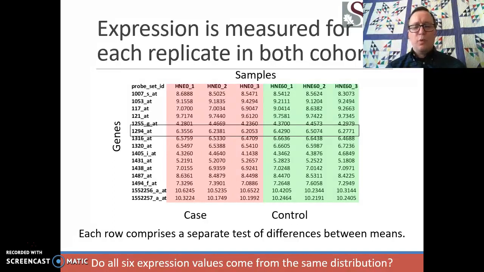In this case, I've called one set of columns the cases and the other set of columns the controls, but they're just labels at this point. Each different row is going to be a different test for difference. So in essence, we're going to ask, are the values from the cases from the same distribution as the values from the controls?